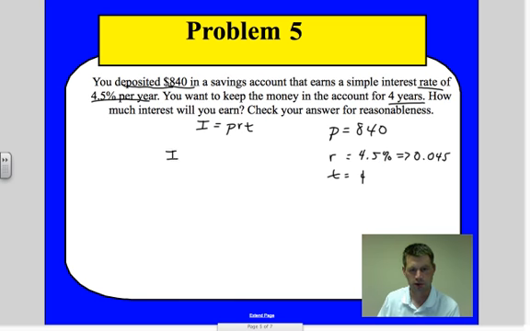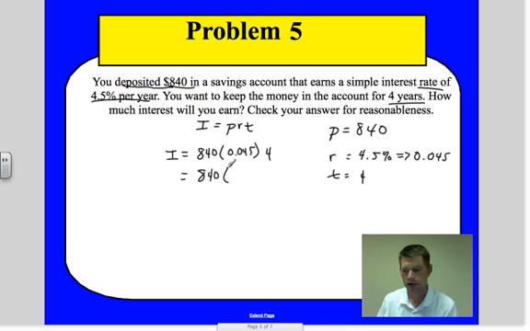So we can write I equals 840, in parentheses 0.045, and then times 4. Because multiplication is commutative, it doesn't matter, but I'm going to multiply the last 2 first because those are the decimals.